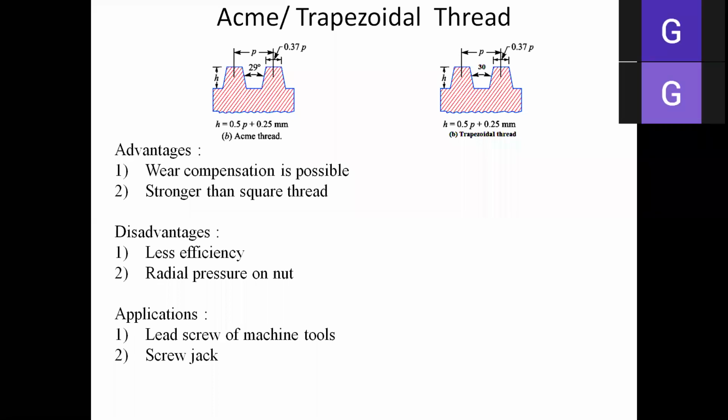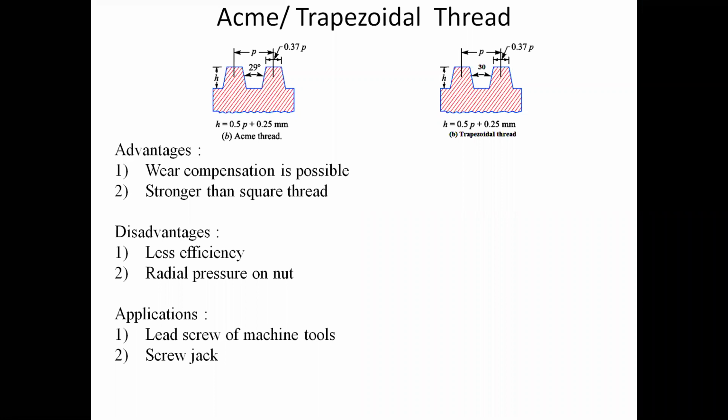One more advantage of this trapezoidal thread is that it has a broader base as compared to the square thread. The square thread has straight lines. So this is the base. You can see the base is stronger in the case of ACME or trapezoidal thread as compared to square.